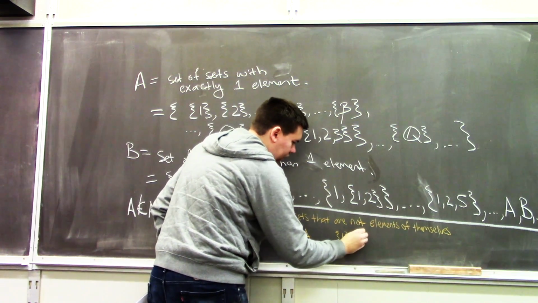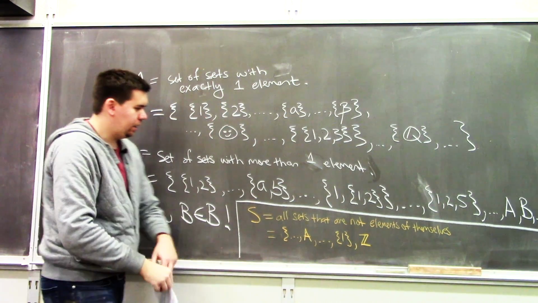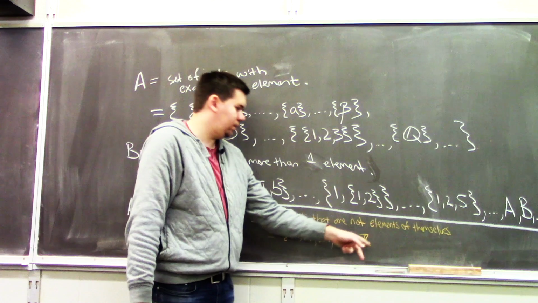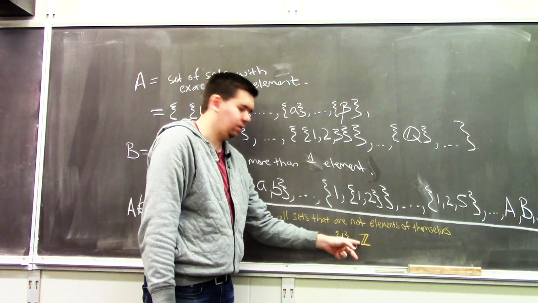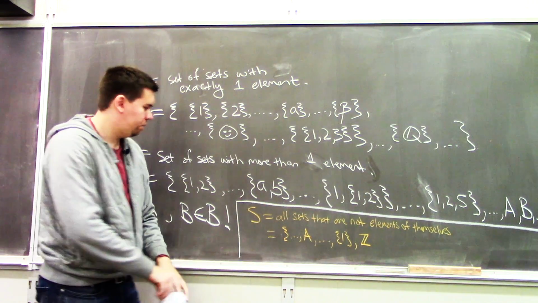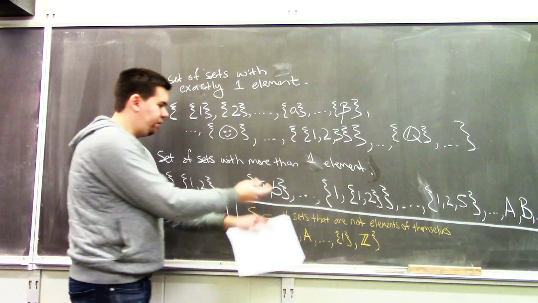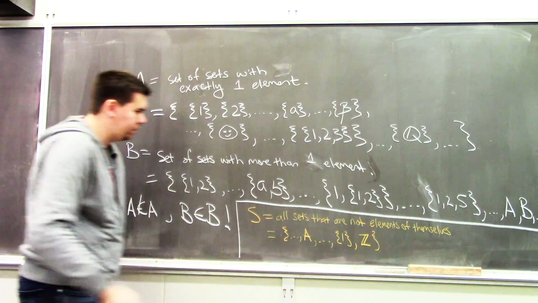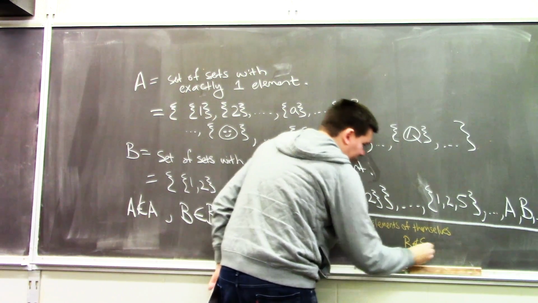Or the set containing the integers is going to be in there. Why? Because none of the integers is the set of integers. The integers are like 1, 2, 3. None of them are Z, right? So lots of the typical stuff's in there. But it's a meaningful definition because there's stuff also not in there. Like B is not in there. B is not inside of S.